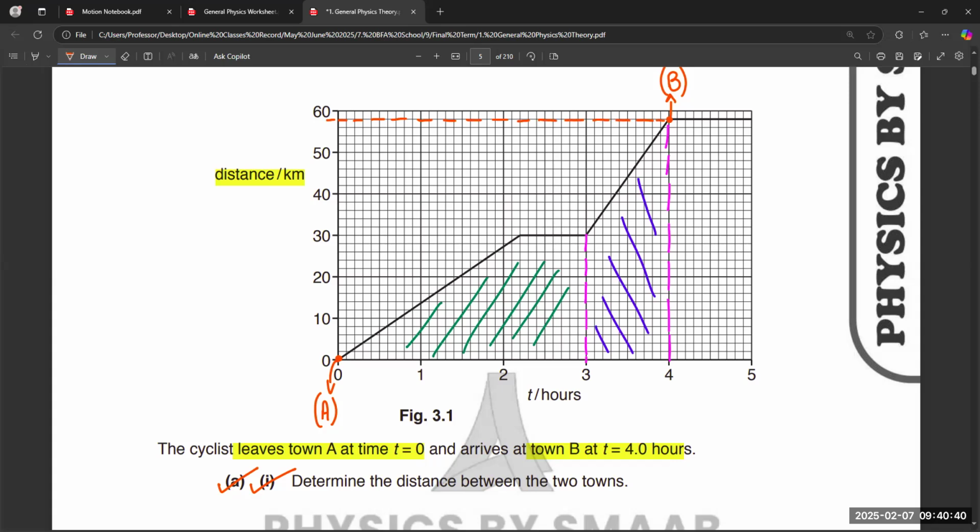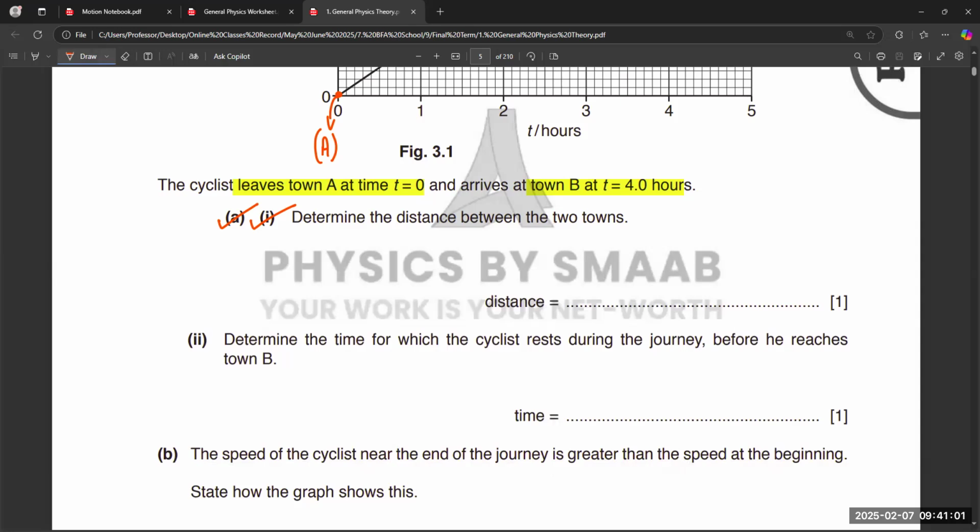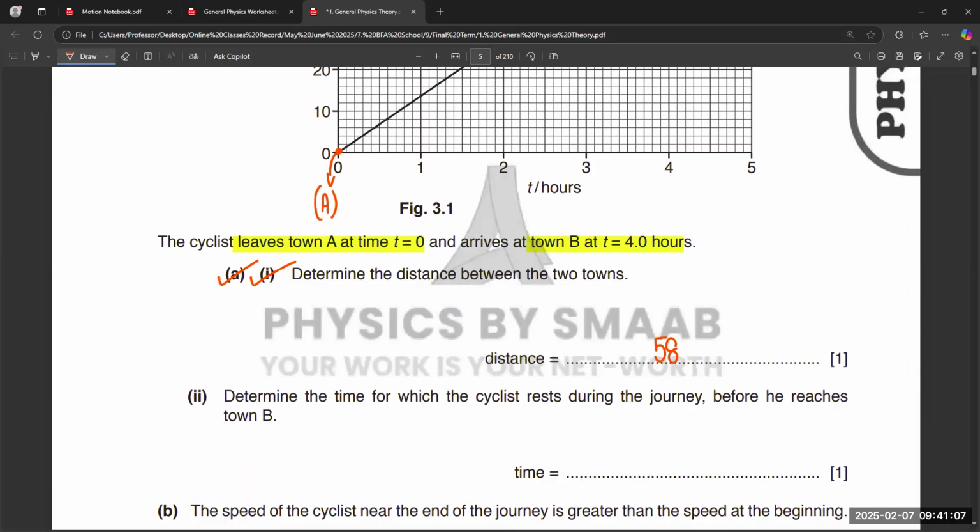So this is the value of the distance covered by the body. What is the value for the distance covered by the body? It is equal to 58 kilometers. So this is the distance between the two towns.